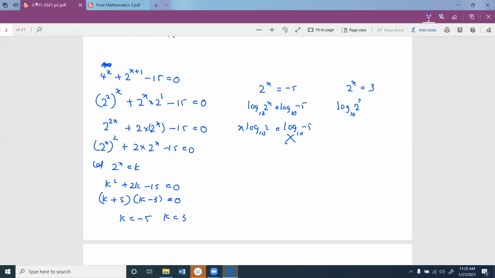The reason for taking logarithm base 10 is that it's the common base for which most tables and calculators are designed. Therefore, you can say x equals log 10 of 3 divided by log 10 of 2. So from here you can get this answer.